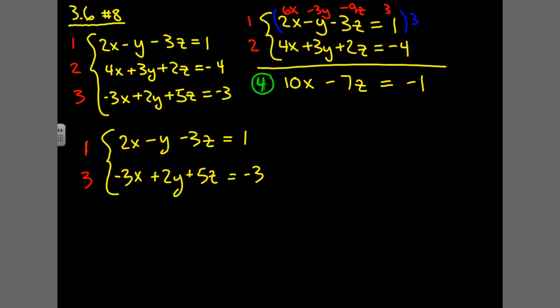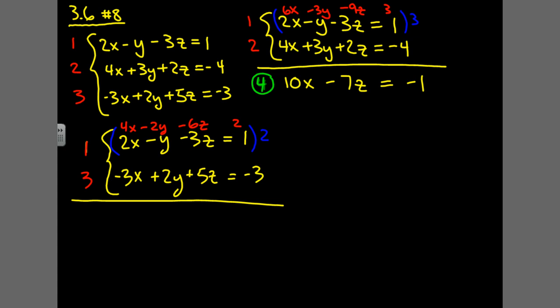All right, so hopefully I didn't make any copying mistakes there. Double check, no. All right, multiply the top equation by 2. So go ahead and multiply that top equation by 2. We're going to get 4x minus 2y minus 6z equals 2. And combine those 2 together.